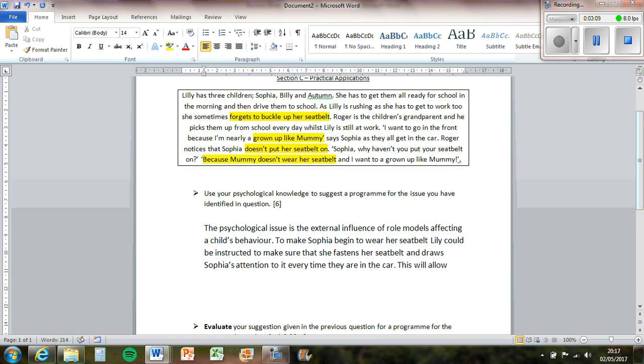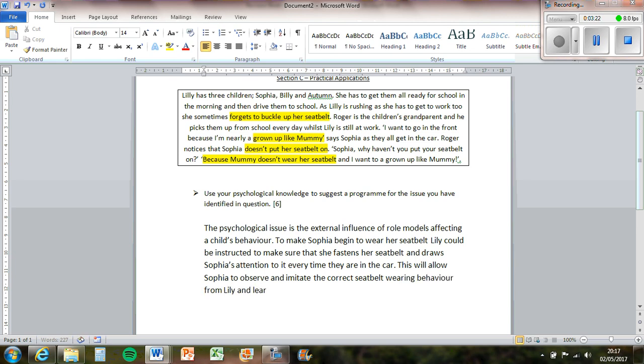This will allow Sophia to observe and imitate the correct seatbelt wearing behaviour from Lily and learn through social learning theory.